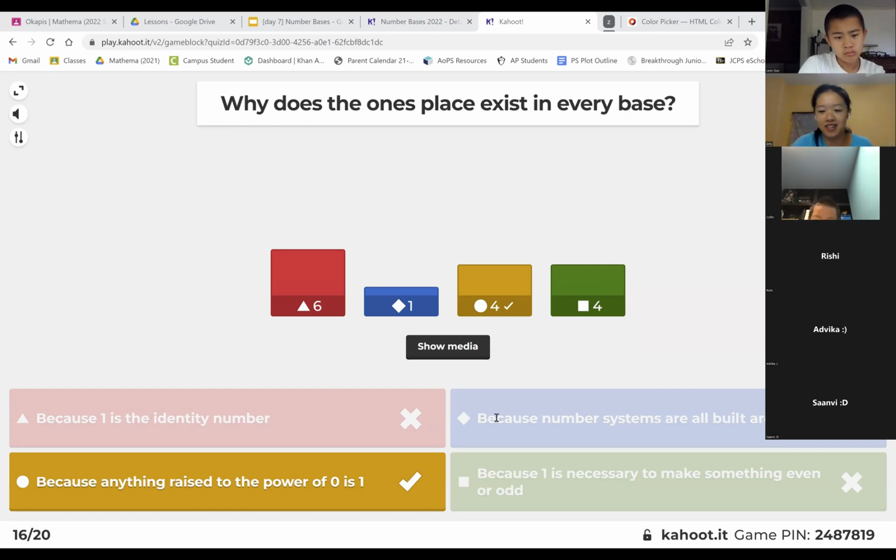Notice that the exponents always raise something to a 0 power, and that's why there's always a ones place: anything raised to the 0 power is always 1.